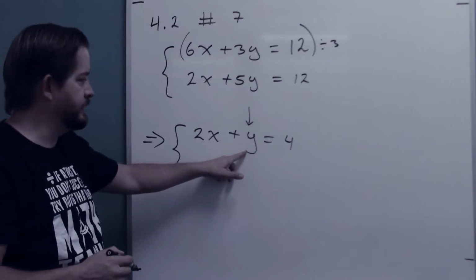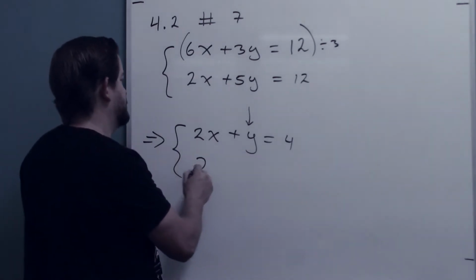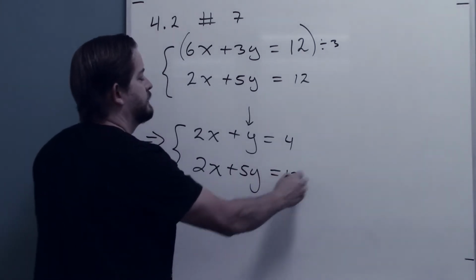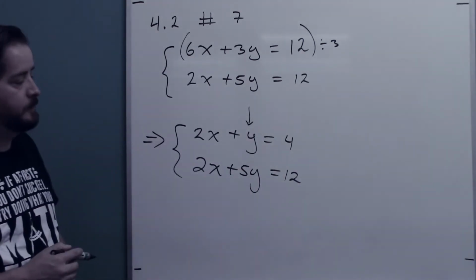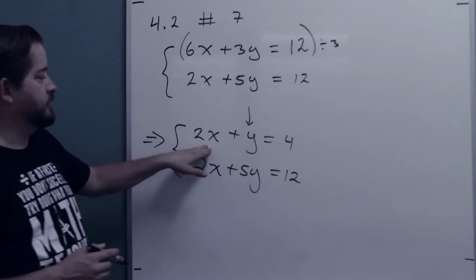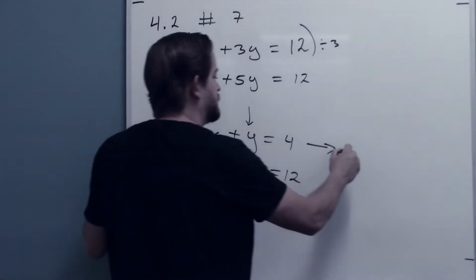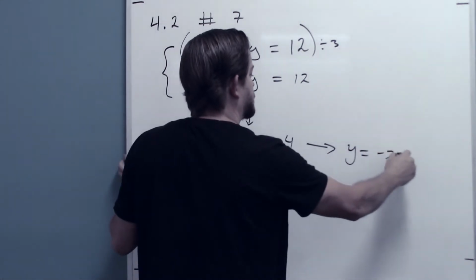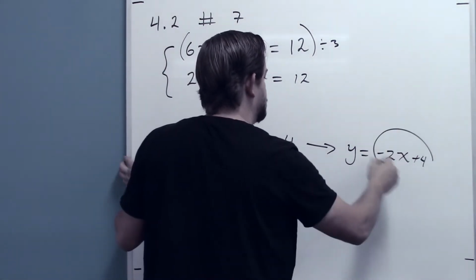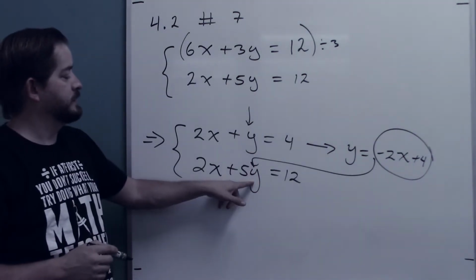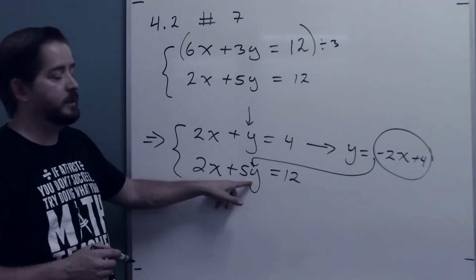It's easy to isolate. If I just subtract 2x from both sides on this equation, that gives me y equals negative 2x plus 4. And that I will replace into the y for the other equation.